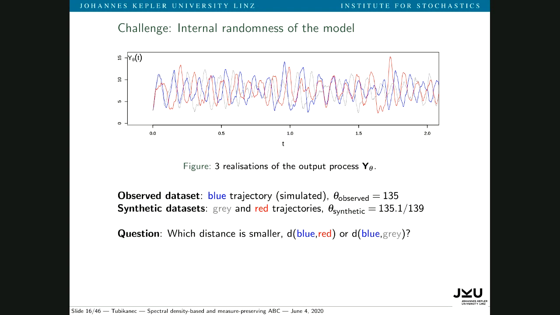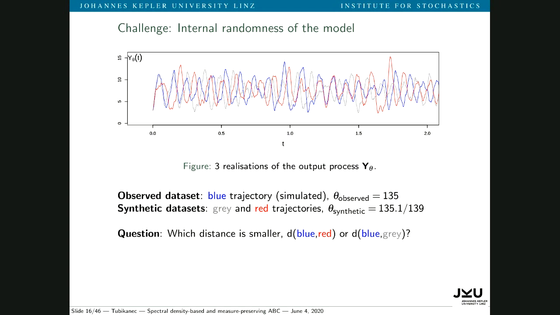And what the ABC algorithm needs to be able to do is to assign a smaller distance to the path that had been simulated with almost the same value of theta. So in other words, it needs to find a useful answer to the question, which distance is smaller, the one between the blue and the red, or the one between the blue and the gray curve?